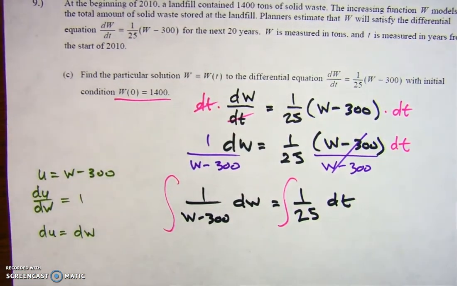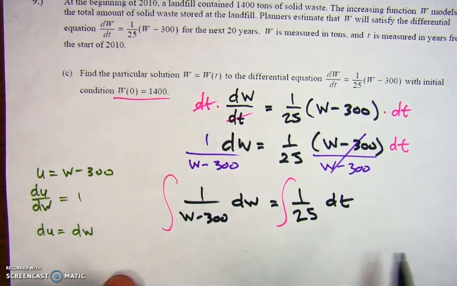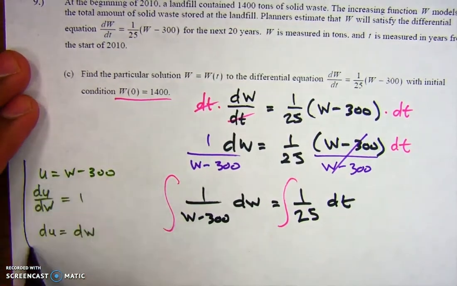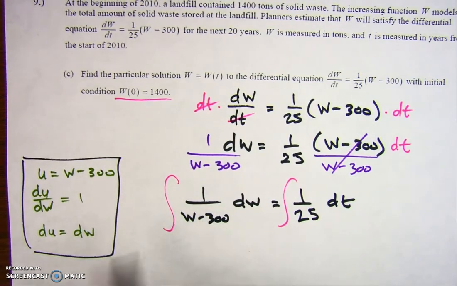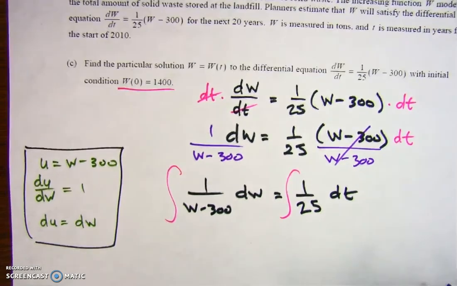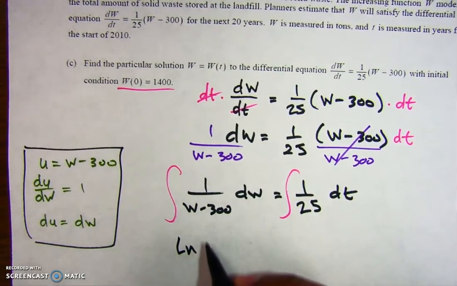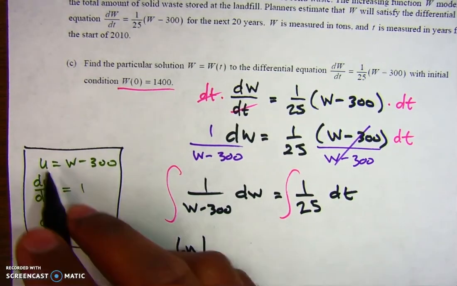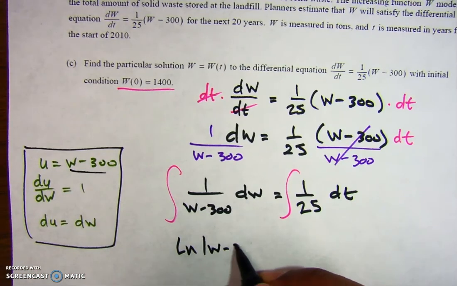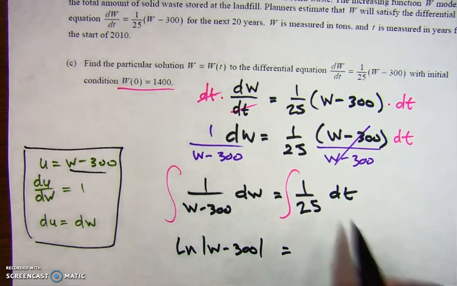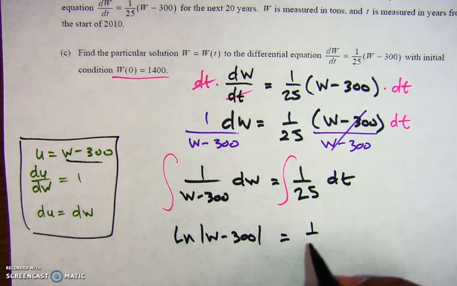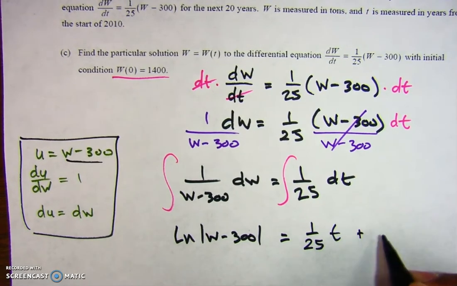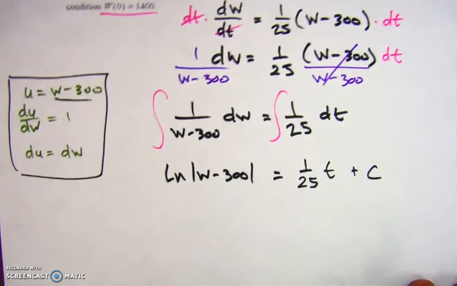Some of you guys that are really good with U substitution might have figured that this step that I just did is kind of pointless, because if you do it in your head, this is 1 over U, and dW switches to du right away, so it's just 1 over U du, or when you integrate that, that's the natural log of U, which is the natural log of W minus 300. Integrating 1 over 25 is, and it's with respect to t, so 1 over 25 t. Don't forget the plus c, you only have to do plus c once.